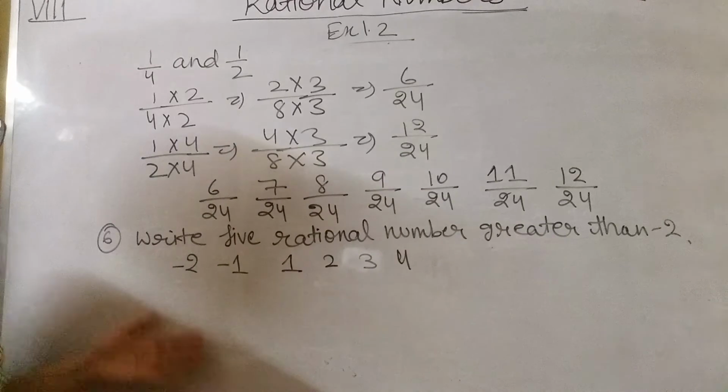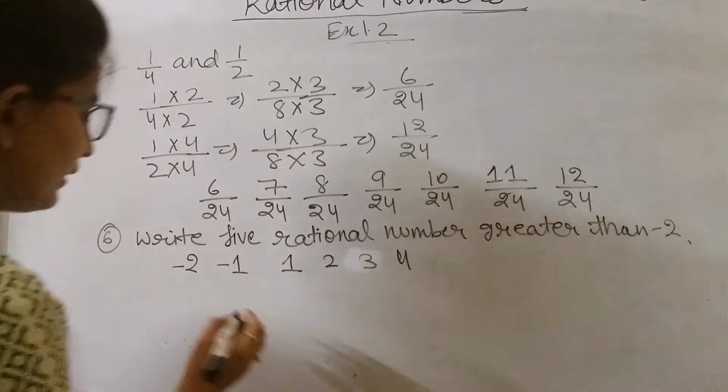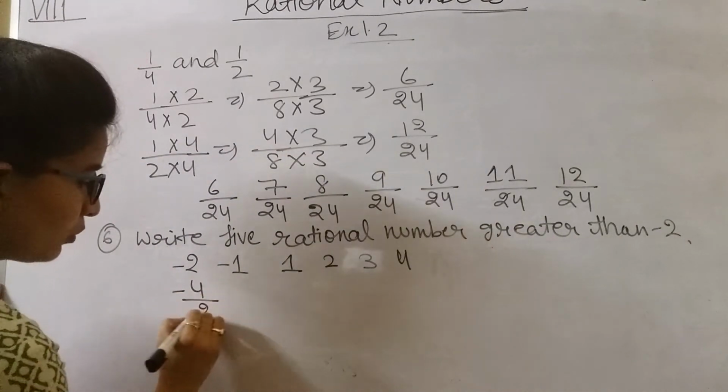Now we can see that minus 2 we can write as minus 4 upon 2.